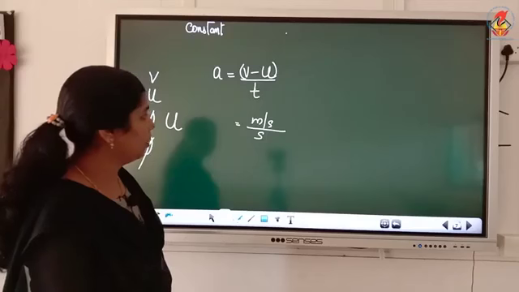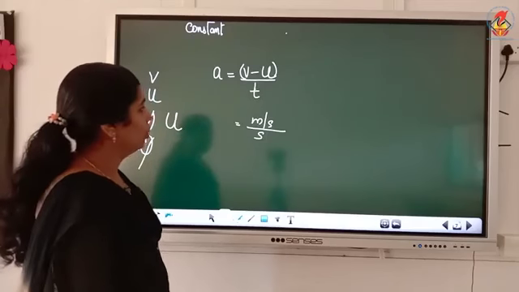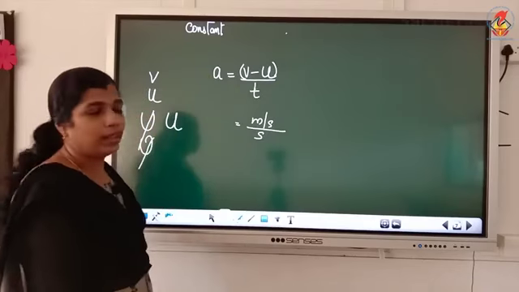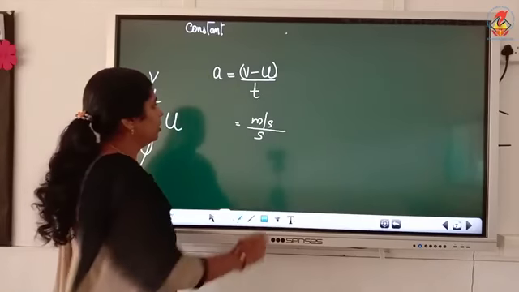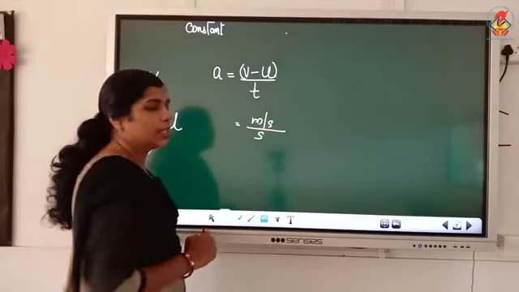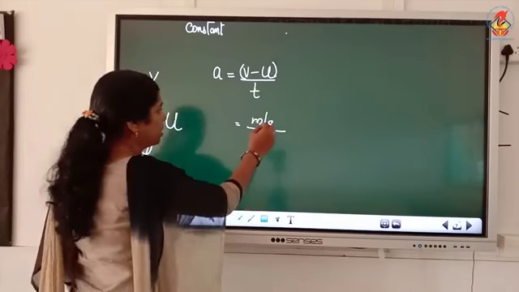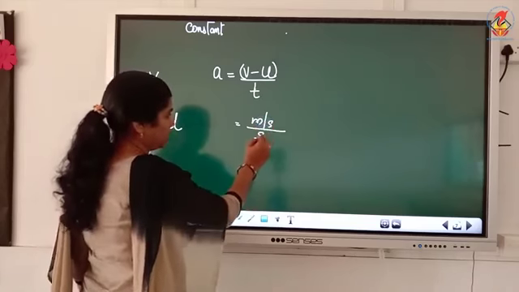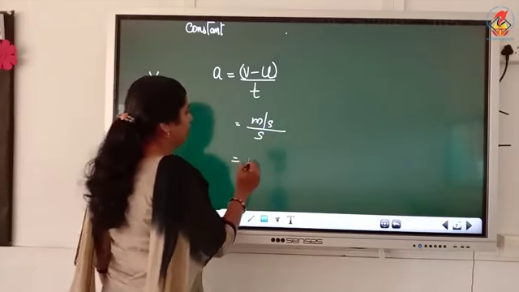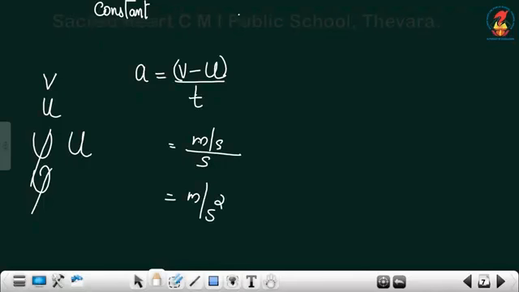SI unit of time is second. Now, what is the SI unit of acceleration? That is meter per second by second. Meter per second divided by second. That is meter per second square. Okay.